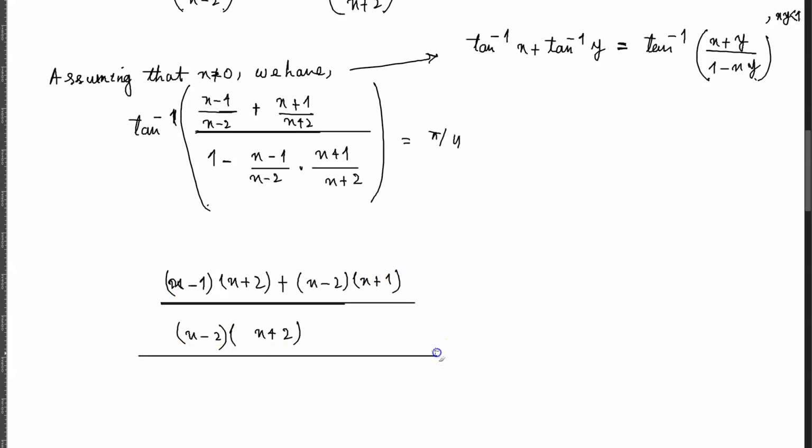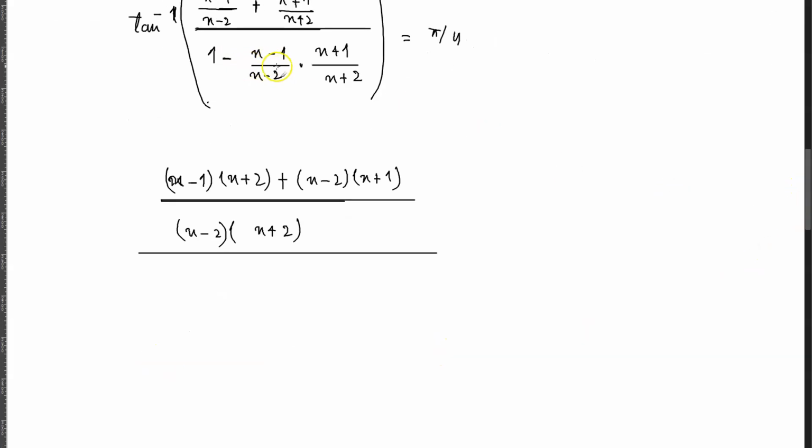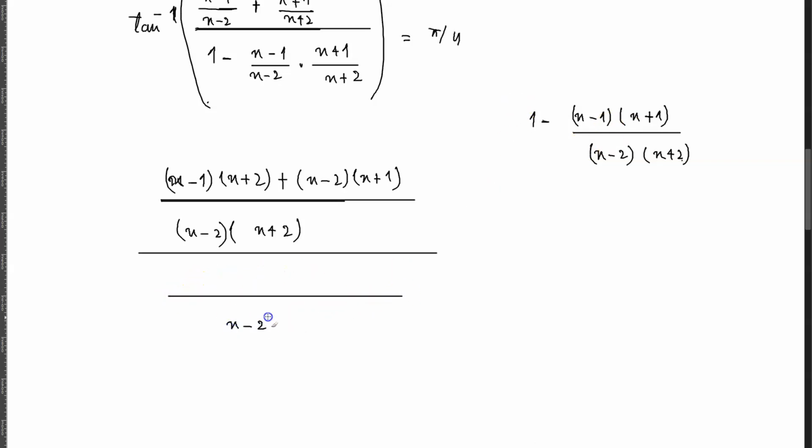And then the denominator becomes 1 minus x minus 1 times x plus 1 over x minus 2 times x plus 2, right? So if I subtract this, I will get the LCM. I can take that x minus 2 times x plus 2, and subtract from that x minus 1 times x plus 1.